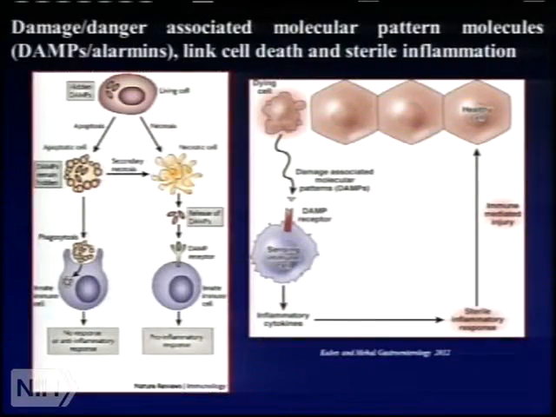In most of the cases when cells are damaged and die, they can go either to necrosis or apoptotic cell death. During necrosis, there is release of various cellular material which can activate danger-associated molecular pattern receptors in inflammatory cells, recruit inflammatory cells and induce a pro-inflammatory response.